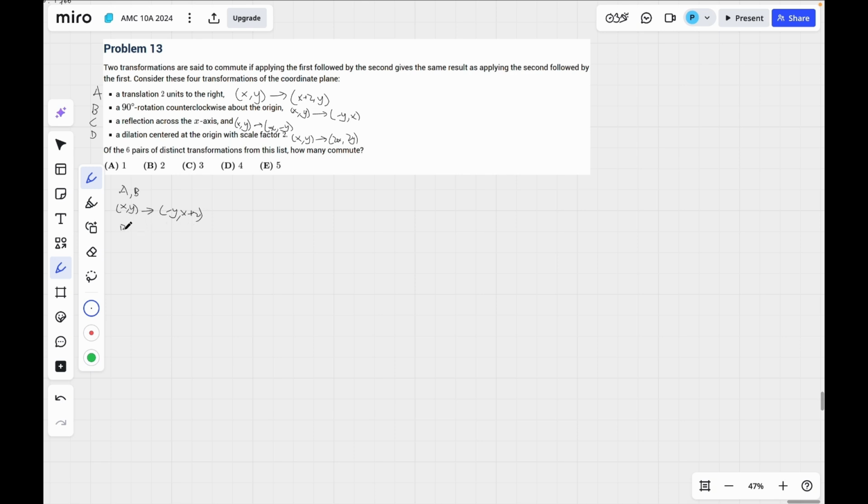If we do B then A, then we get negative y plus 2 comma x. So these two transformations don't commute.